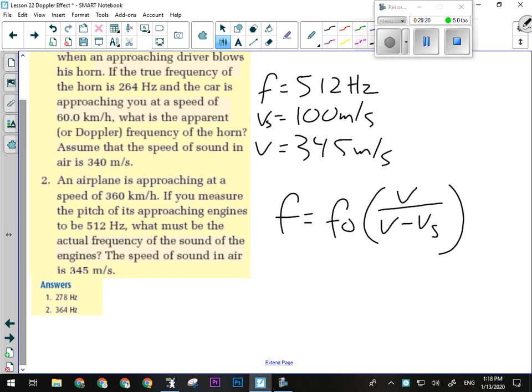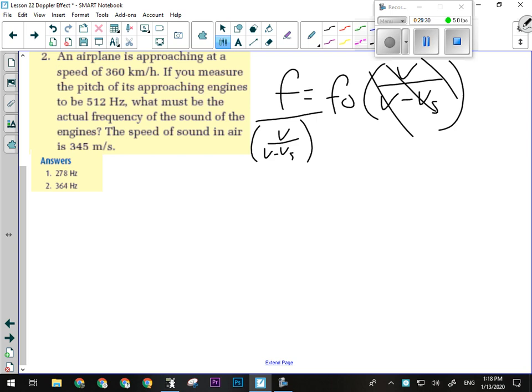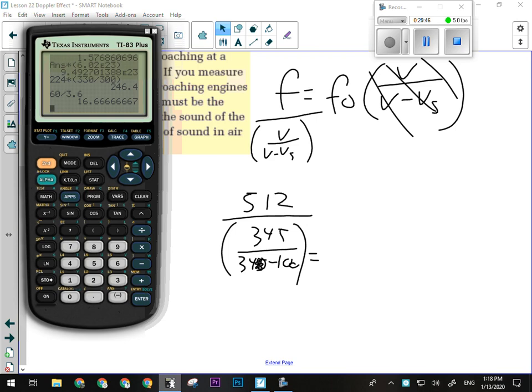If I want to find FO, I just divide the entire bracket over to this side. So V over V minus Vs comes over here, and I'm solving for FO. So we'll have 512 hertz divided by 345 over 345 minus 100. So 512 divided by 345 divided by 245.